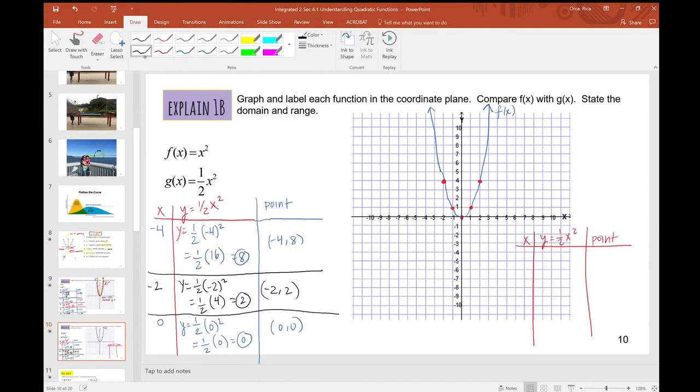When x equals 2, remember multiples of 2, y equals 1/2 times 2 squared. 2 squared is 4, and half of 4 is 2. Put a circle around that. Our next point's at 2, 2.